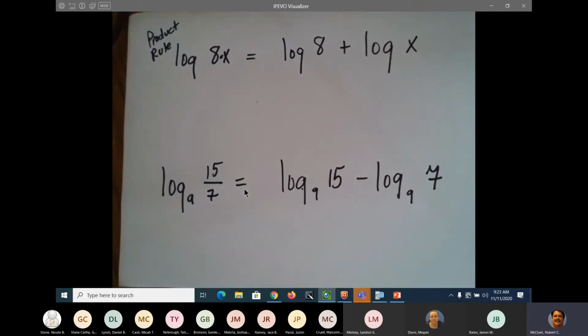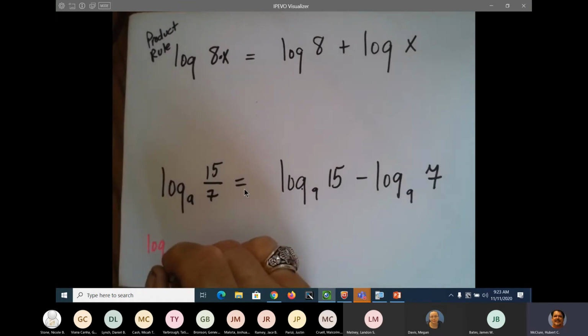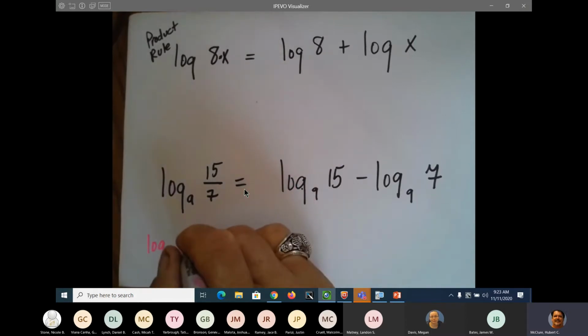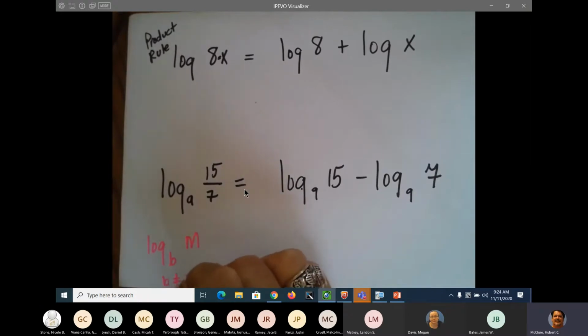Now I'm going to go ahead and interject the change of base formula right here. I interjected it last week a little bit, just one problem, but I want to go ahead and interject it here. And the change of base formula basically says that if you have log base B, of a number, and we'll just say M, and B is not equal to 10 or e.